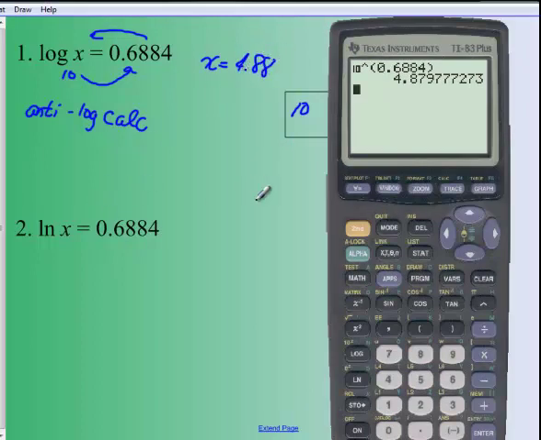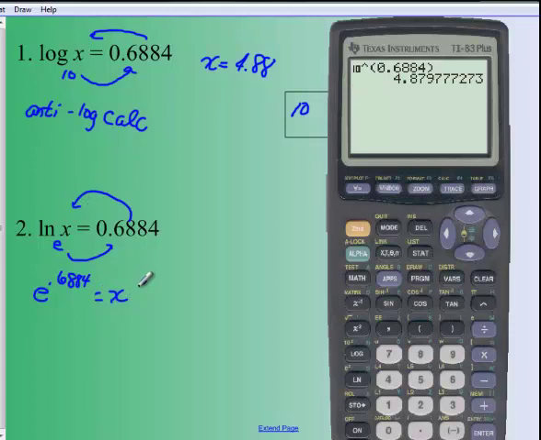All right, now for this one, if we look down here, here's our log key, and right below it is our natural logarithm key, and it just means base E. This is base E. E to the 0.6884 will get me my power of x.